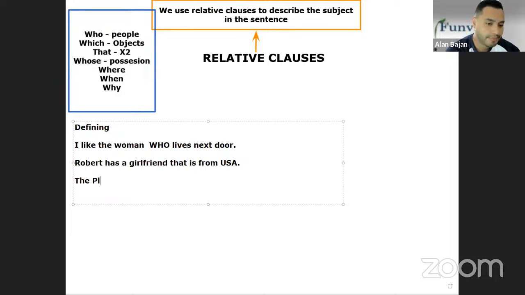The PlayStation 5, which costs $1,000, is in the store.